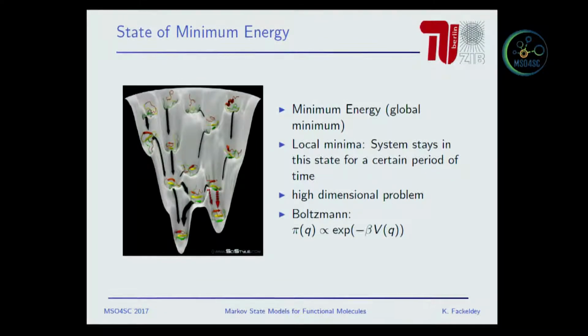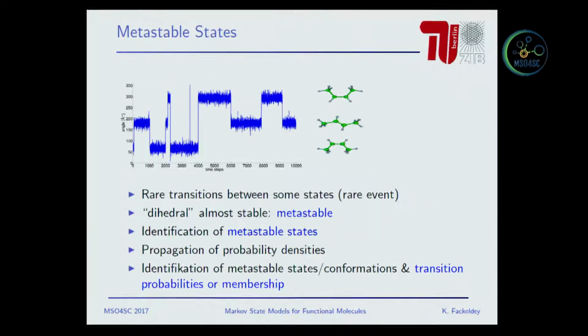We have these subunits here, and we try to take advantage of this because we know, as Vedat said, that the molecules stay a very long time in these states and only rarely switch between them. So here what we did is we simulated butane over a certain period of time, a long time, and then we observed this.